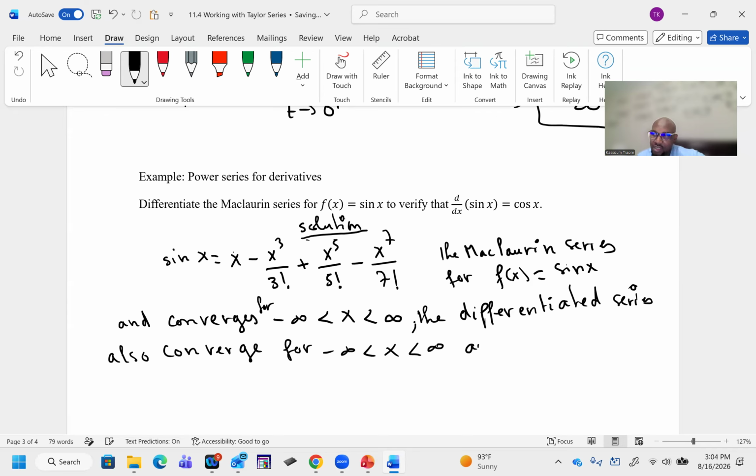And this will converge to what? To f prime of x.